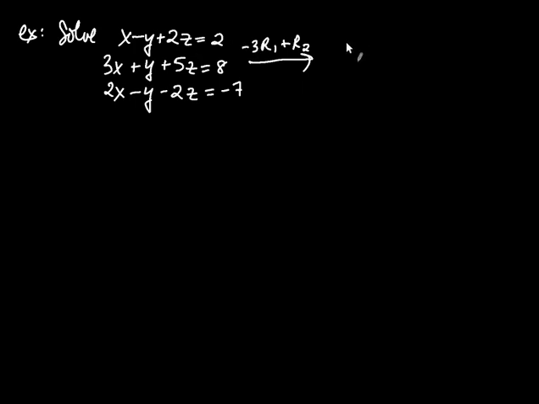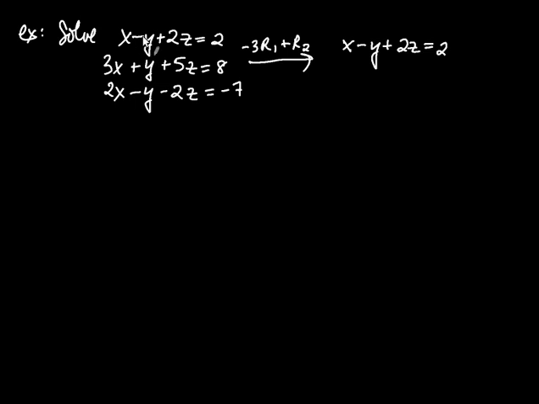So the first equation after we do this is going to be x minus y plus 2z is equal to 2, okay? And then we're going to multiply this by -3 and add it to that. Now when you do so, you're going to get 0 right there, so the first term is going to disappear. But then you have to take the -3 and distribute it, right? It's got to hit every single term and both sides of the equation. So -3 times the -1 here is a +3, added to the 1 there, because remember we're adding them together.